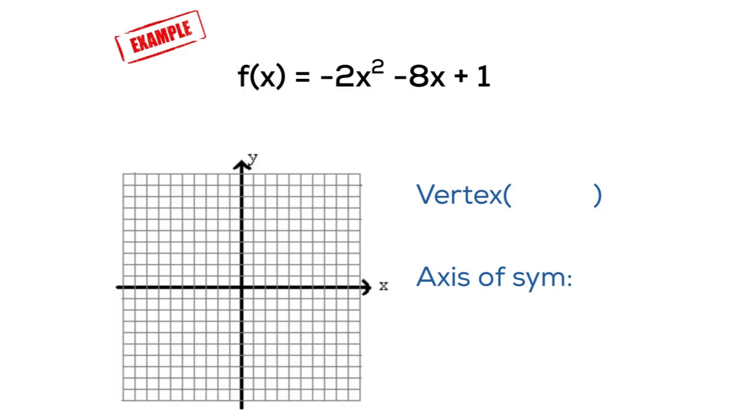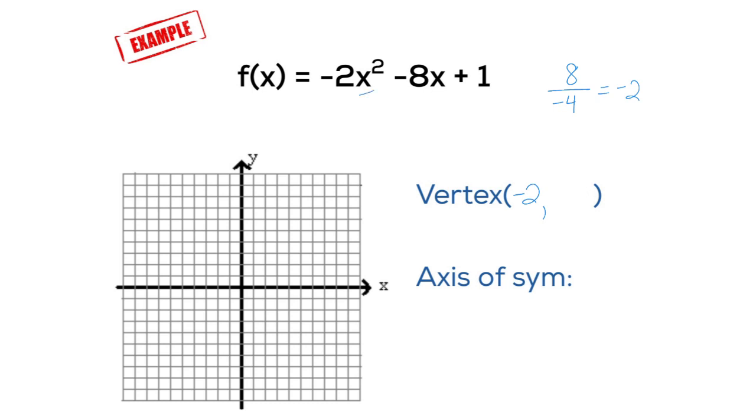All right, so let's do this one. The very first thing I'm going to do, it's in general form. I'm not going to complete the square. I'm just going to do my formula. I'm going to do negative b over 2a. So that's going to be a positive 8 over negative 2 times 2, which is a negative 4. So that gets me a negative 2. That's the x value of your vertex.